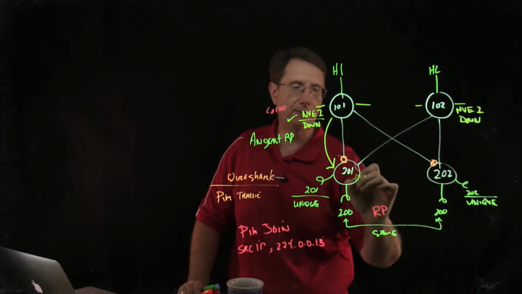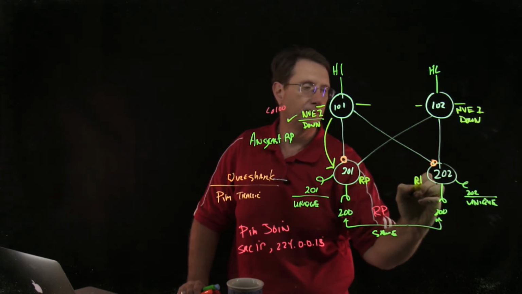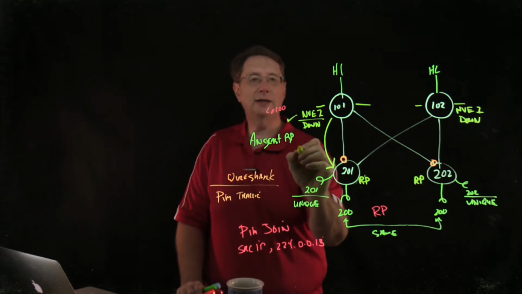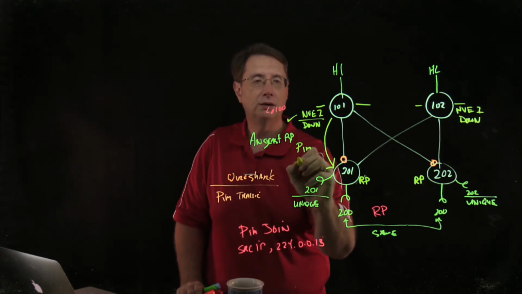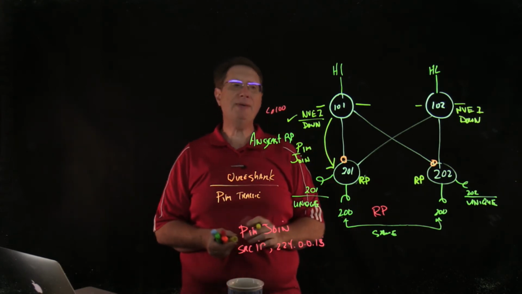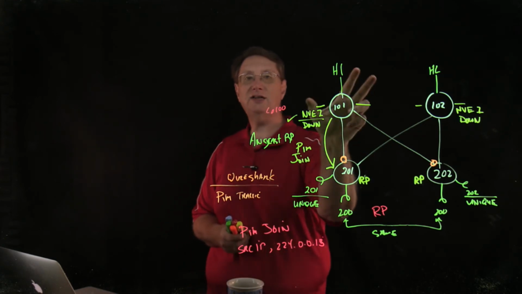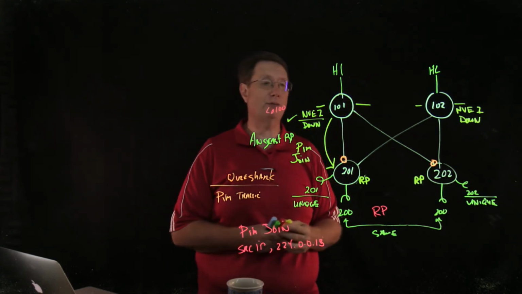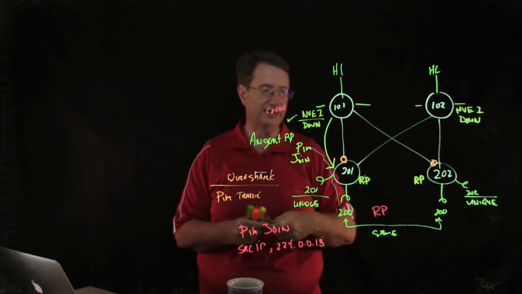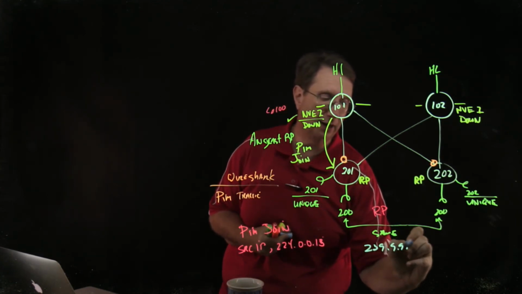So these are both RPs. So it sent a PIM join. Now that PIM join is interesting because it allows this device to join the actual multicast fabric. So I can register with that multicast address of 239.9.9.9.